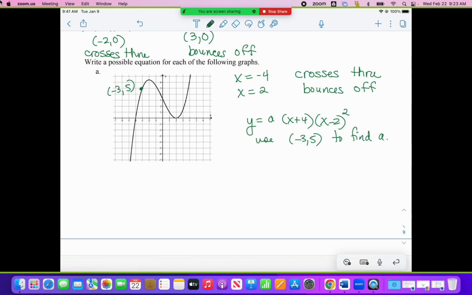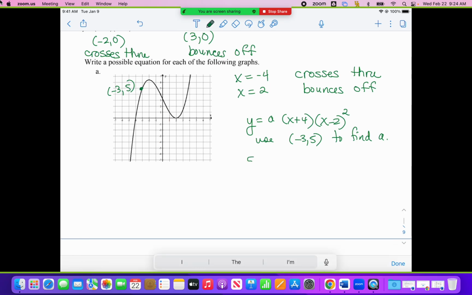So I have an odd degree. Now, because it's down up, should I anticipate a is positive or negative with down up? Positive, because if it reverses up down, that's negative. So if it's up up, the leading coefficient's positive. Down down, it's even exponent but a negative coefficient. Down up is odd exponent, positive leading coefficient. Up down, odd degree but negative leading coefficient. So I should expect a to be positive.